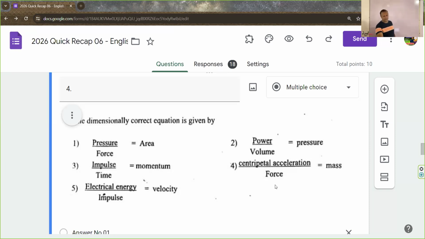Therefore, definitely we can remove the third one too. Now we have to select either 2 or 5.